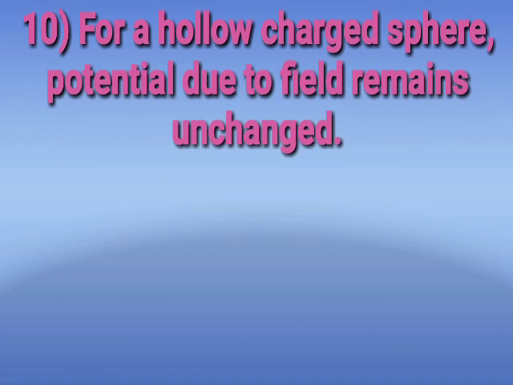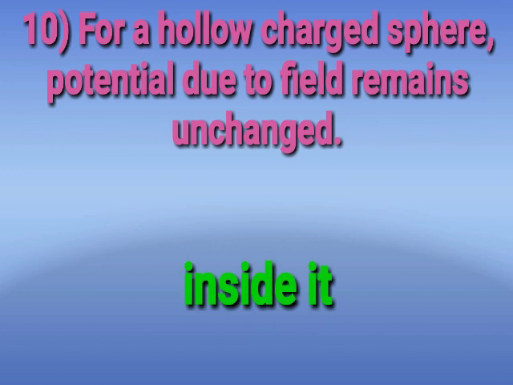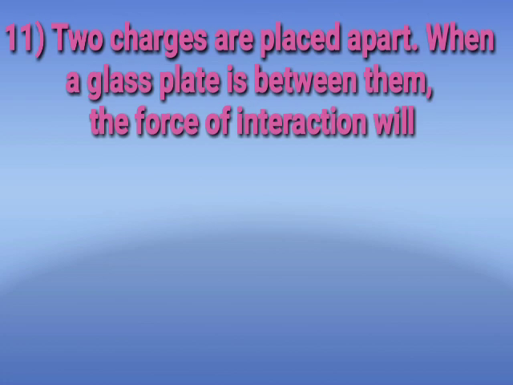For a hollow charged sphere, potential due to field remains unchanged inside it. Two charges are placed apart. When a glass plate is placed between them, the force of interaction will decrease.